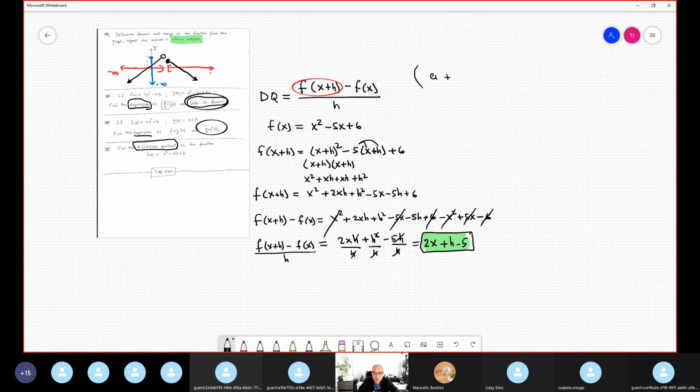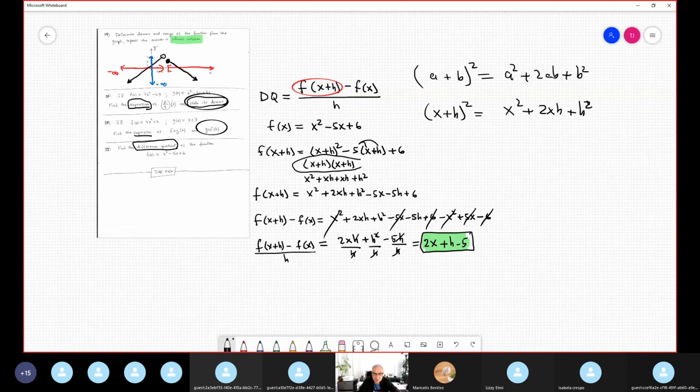I know by memory, a plus b squared is a squared plus twice ab plus b squared. So now, when you are doing x plus h squared, in one step, I know it's x squared plus 2 times xh plus h squared, and that's it, end of story. You don't need to do this stupid FOIL. This is for kindergarten guys, but not for us in college. Thank you. Is this your question, or no?